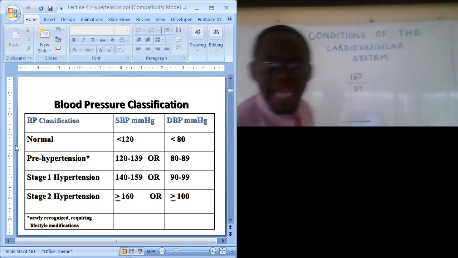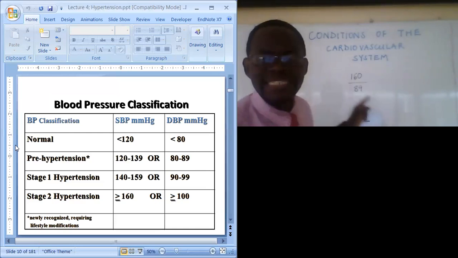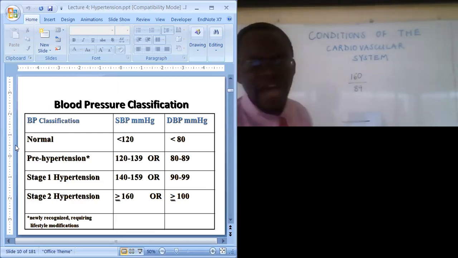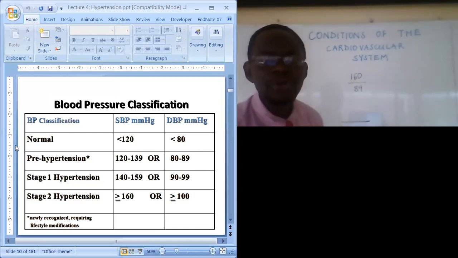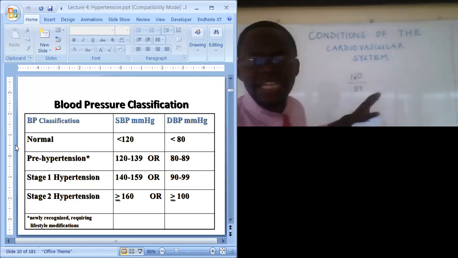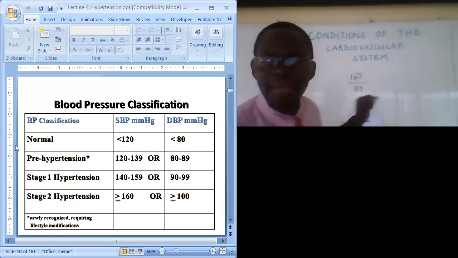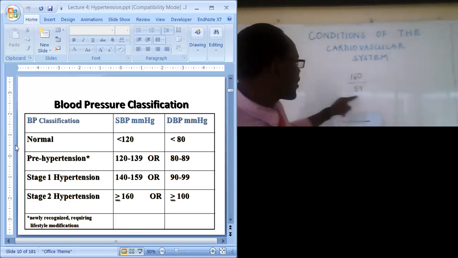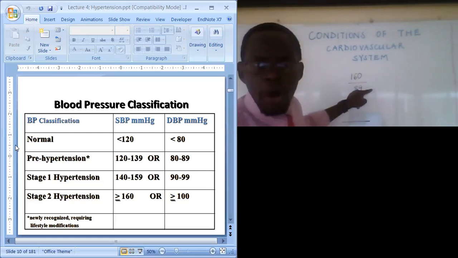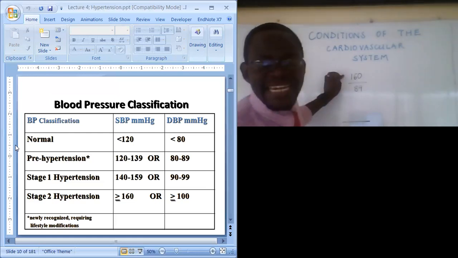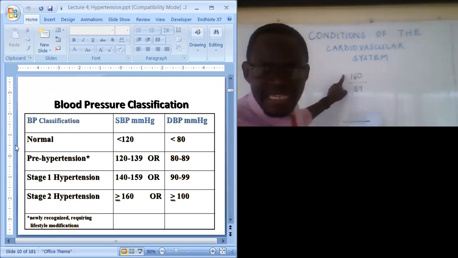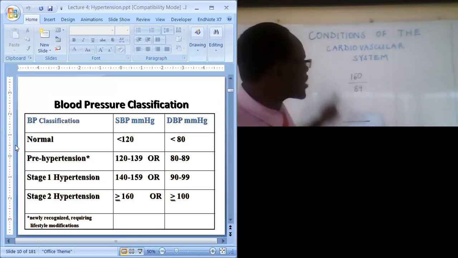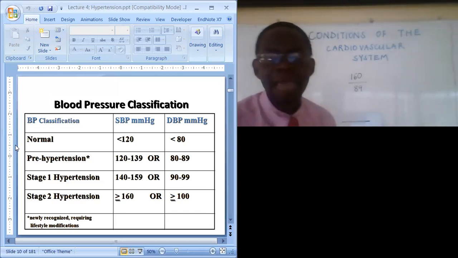Now, where would you place that person of 160? That person of 160 would be in stage 2 hypertension, yeah. So in other words, even if the diastolic is low, the systolic is high and belongs within stage 2 hypertension, then this patient is said to have stage 2 hypertension.